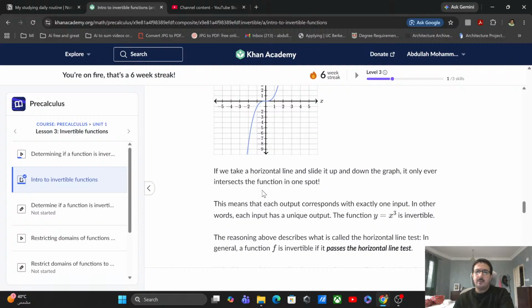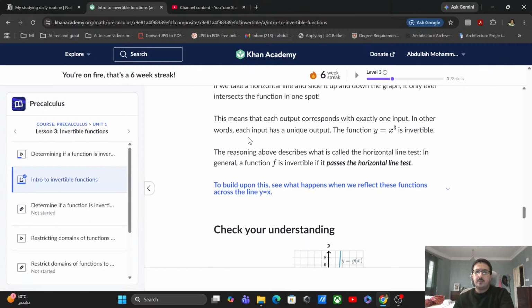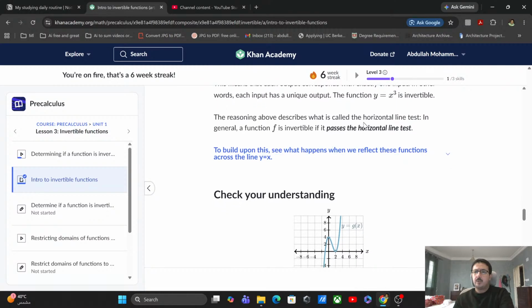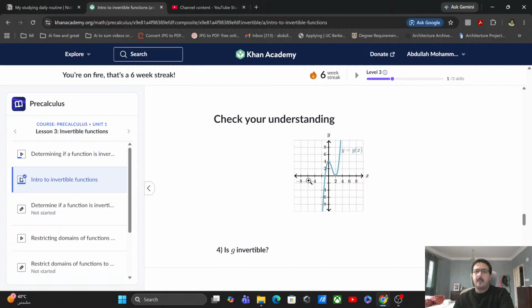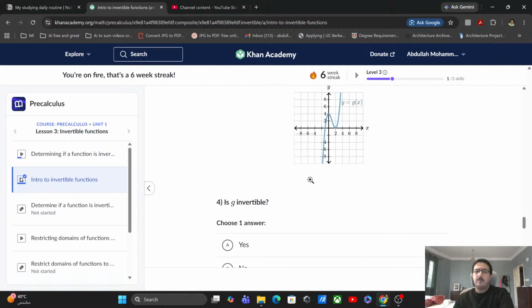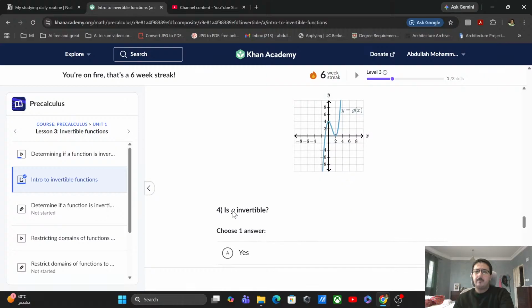It only ever intersects once, which means each output has exactly one input, so the function is invertible. This is called the horizontal line test. In general, a function that passes the horizontal line test is invertible. Nope, not invertible.